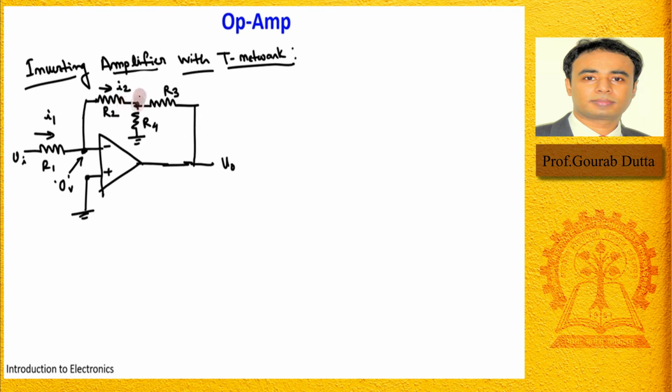So if you assume the potential here is Vx, then obviously the Vx potential will be negative, right? Now this is at ground potential, 0 potential, this is negative, so a current will flow through this R4, which will be in this direction. So let us say that this is I4, right? Now these two currents will combine at this node and will come here, right? And let us say that this current is I3.